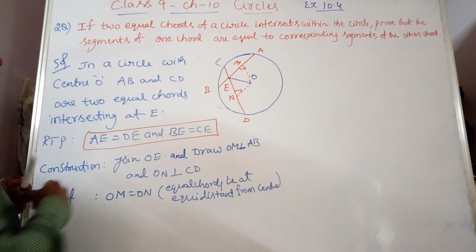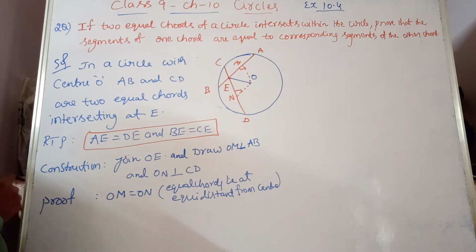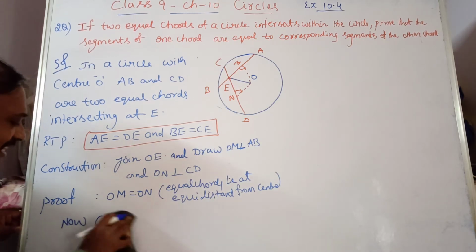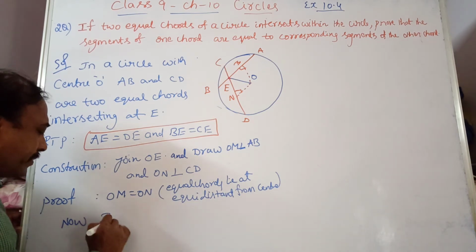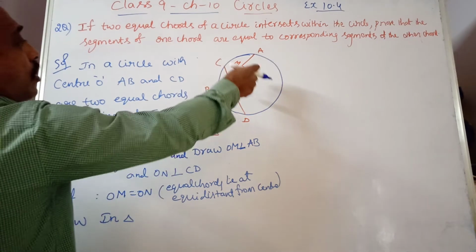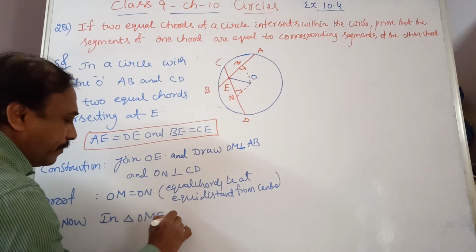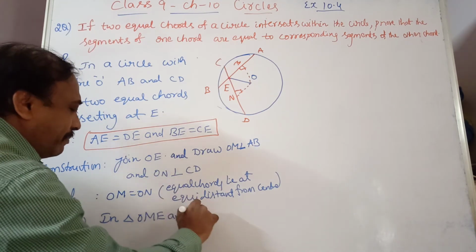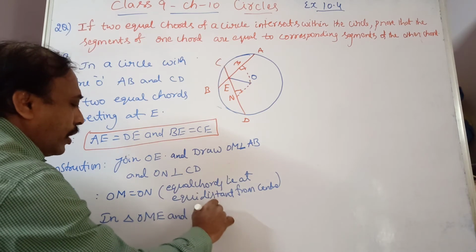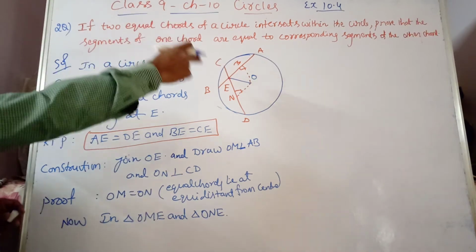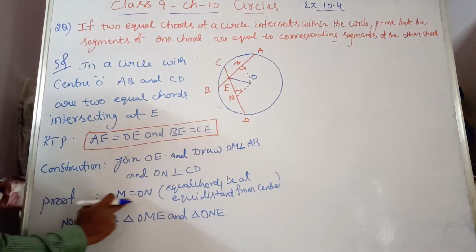Next, now consider the triangles. In triangle OME and triangle ONE, in both the triangles you see OM is equal to ON as equidistant.